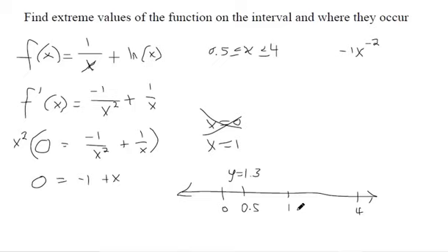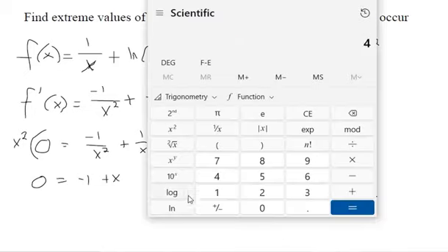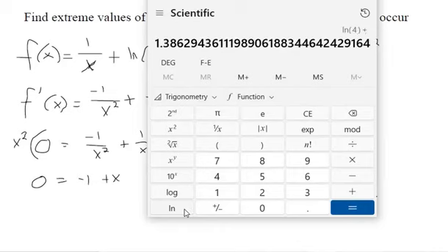If we plug in 1 for x, 1 over 1 is 1. Natural log of 1 is 0, so 1 plus 0 makes 1. And if we plug in x equals 4, 1 over 4 plus natural log 4, that comes to 1.64.